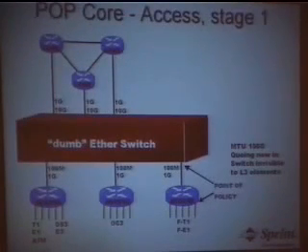Some people do this. They go buy a dumb ether switch. A dumb ether switch is a switch that just switches packets, and it doesn't do anything more intelligent than that. If you put big enough gigabit or 10 gig Ethernets on the top and slow enough Ethernets on the bottom, and make sure that you never oversubscribe the circuits that go to your backbone boxes, you actually get rid of 1 point of policy, because now there is always going to be capacity there.